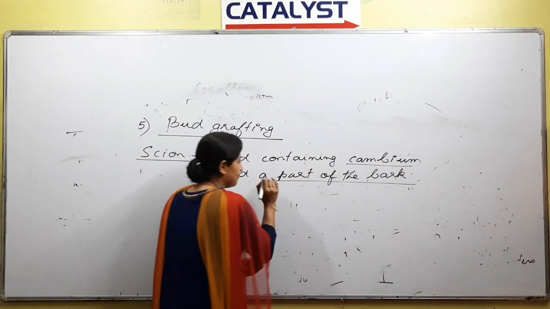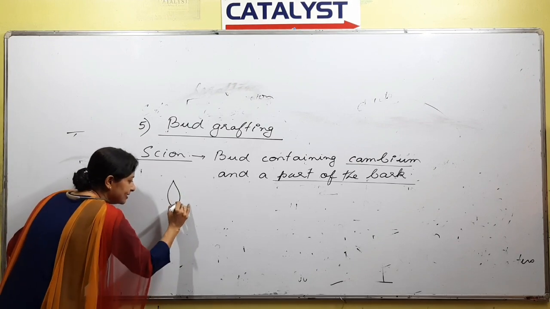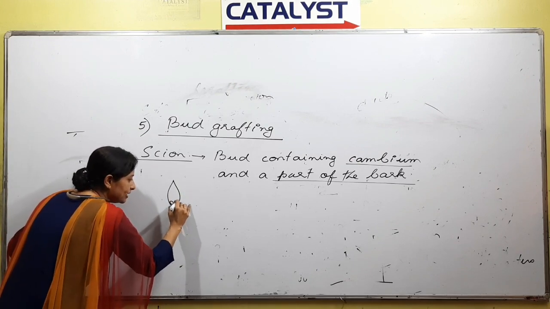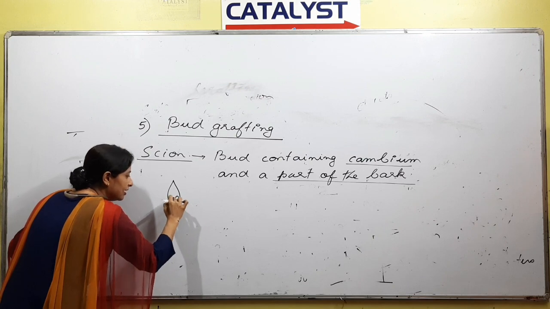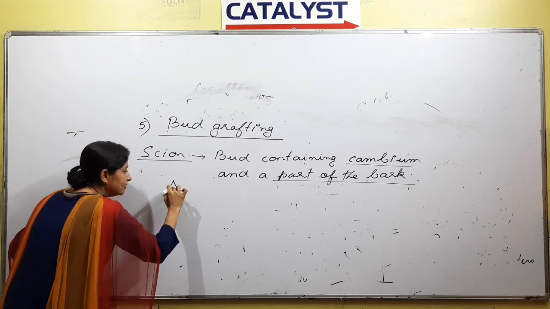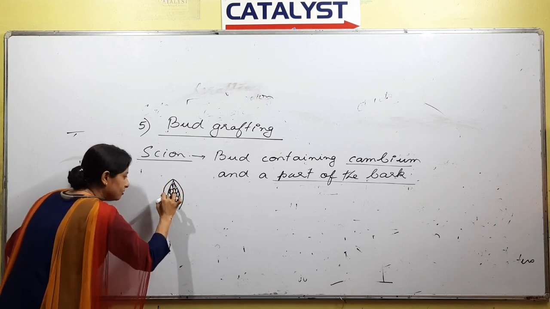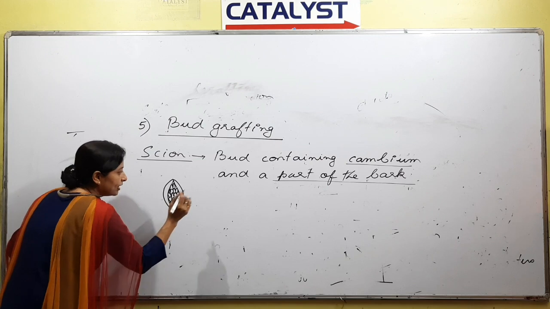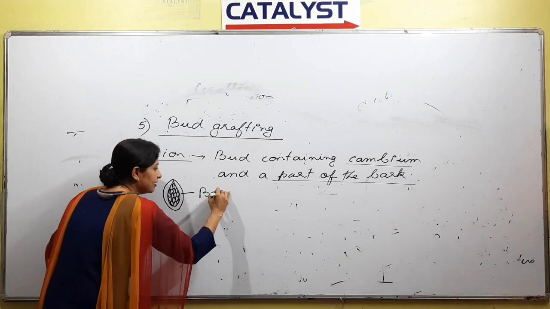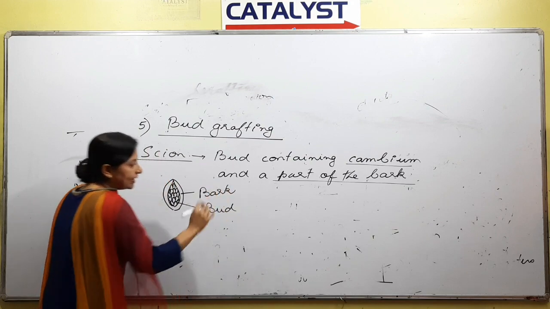Cambium must be there, along with a part of the bark. So if you are talking about a bud like this, which we graft onto the root system, we cannot just cut off the bud alone. The cambium portion must also be there, and the bark must be there. So this is the bark and this is the bud, right?